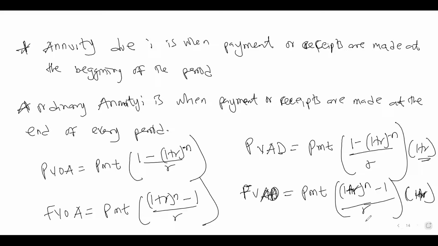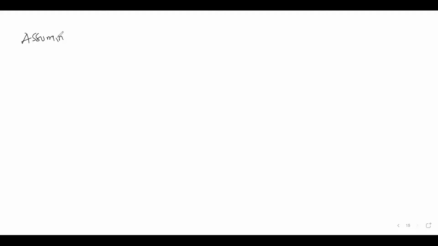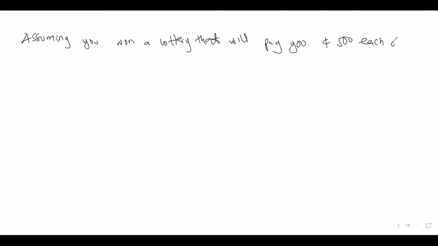So let's take an example. Assuming you won a lottery that will pay you 500 cedis each year for the next 7 years.